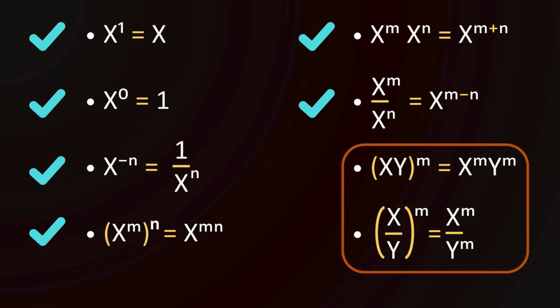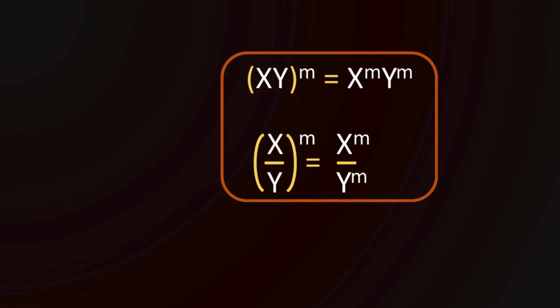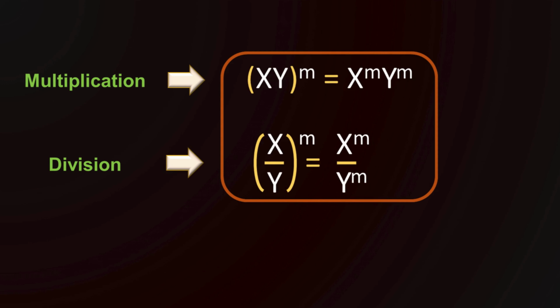Finally, we've got the last 2 laws, and they're pretty straightforward. These laws are about distributing exponents across multiplication or division. These laws look kind of similar to the last pair. Just like before, the first one involves multiplication, and the second one involves division. However, if you have noticed, previously, the bases were same and the exponents were different.